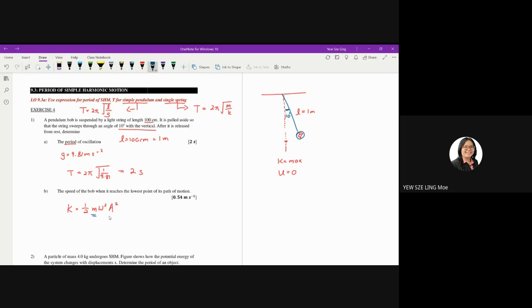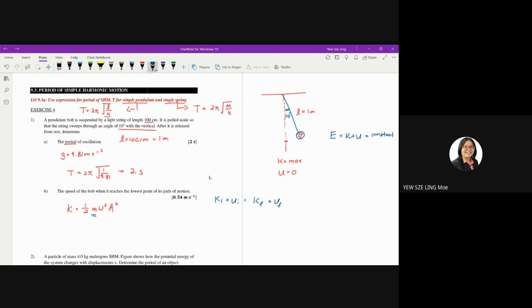So what is the other equation that we can use in this system? If you recall, when something oscillates, we have E equals to K plus U equals to a constant, because of the conservation of energy. If you cannot use the one in simple harmonic motion, then we try to use the one from chapter 5. So K initial plus U initial equals to K final plus U final.